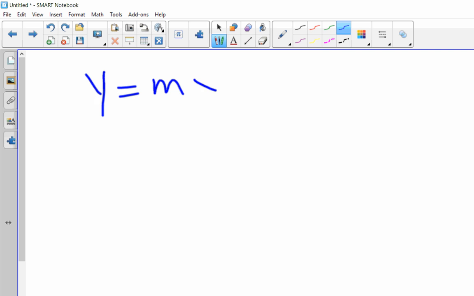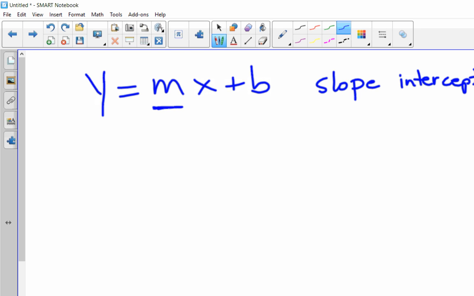Different ways we could do this. This one is called slope intercept. That's because when I have this equation in the proper form, I'm going to have a slope, and I'll have a y-intercept.